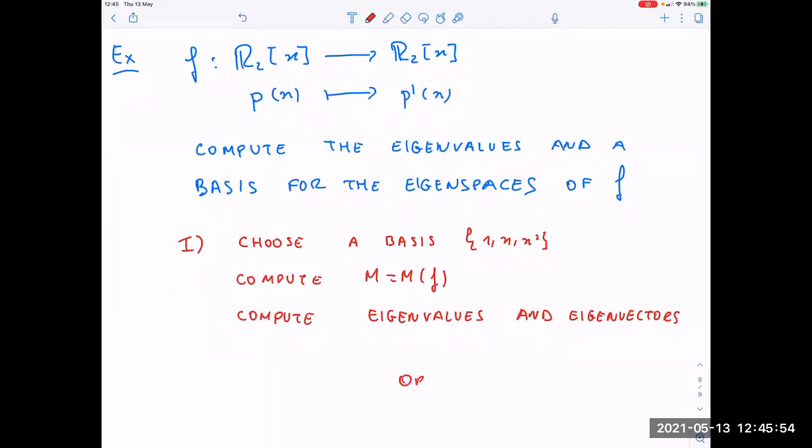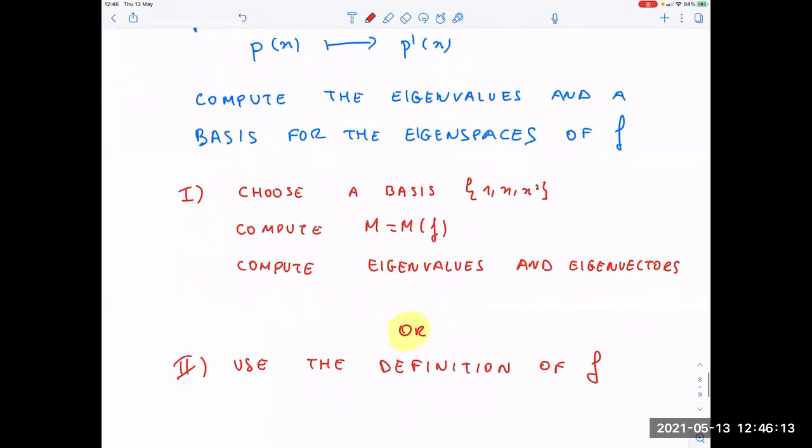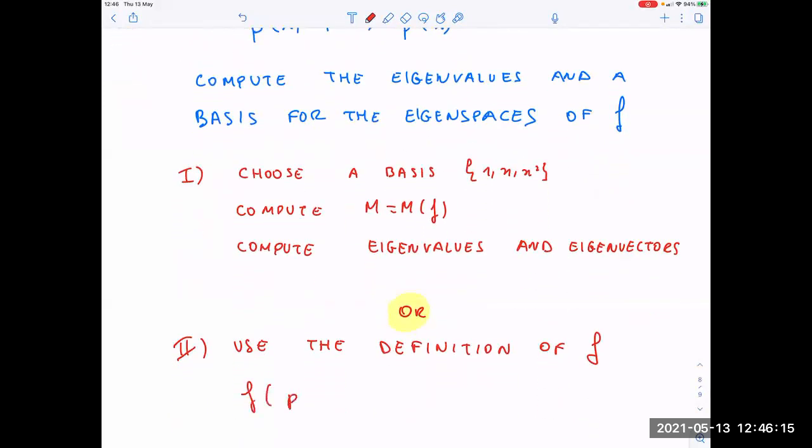Or the other approach is to use the definition of f. So basically use more theory, think more about what you are doing. So what I mean by this: f of a polynomial is the first derivative of the polynomial.